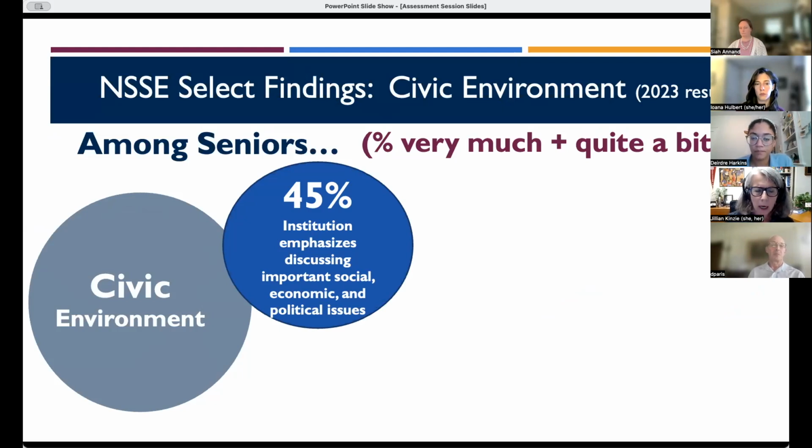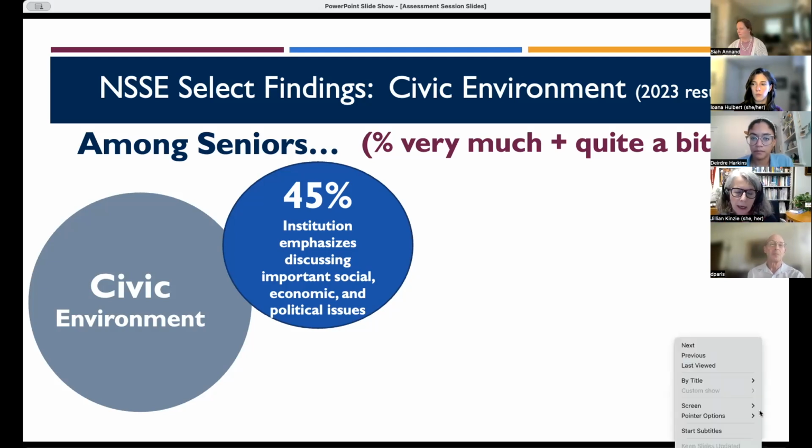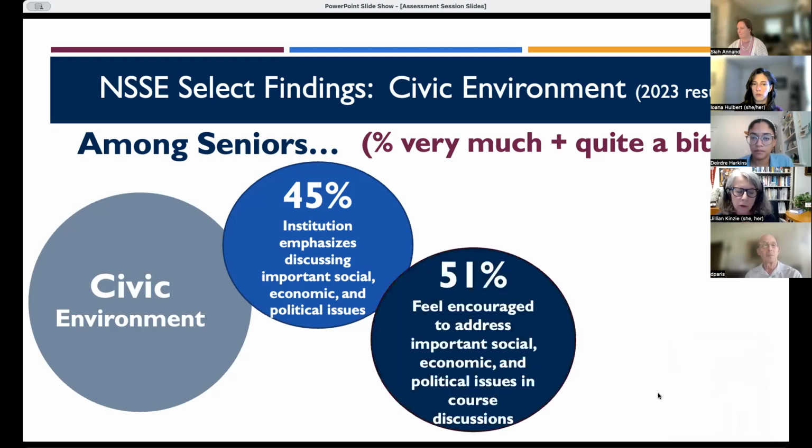This is one of the key dimensions of the environment: how open and how many opportunities are there at your college or university to do these kinds of civic things. So a pretty good result, almost half of seniors are indicating very much or quite a bit. And the next data point is, again, about half, 51% of seniors indicate that they feel encouraged to address. So that is another dimension of the environment for civic discussion.